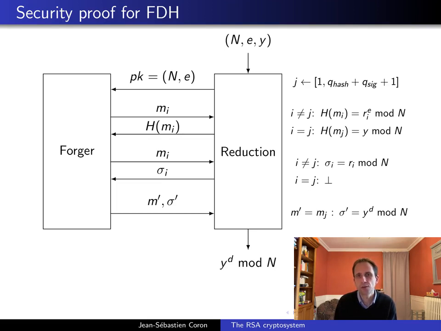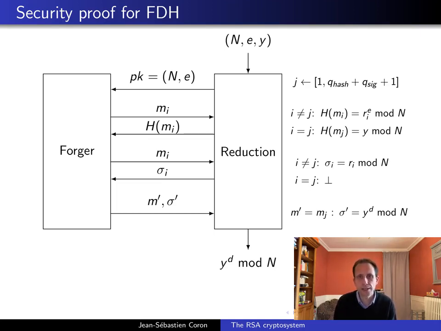So we see that this is a good simulation of the random oracle because we generate a random ri and we raise ri to the power of e modulo n. So since RSA is a permutation, this remains uniformly distributed modulo n. So h of mi is uniformly distributed and independent for each new message mi.